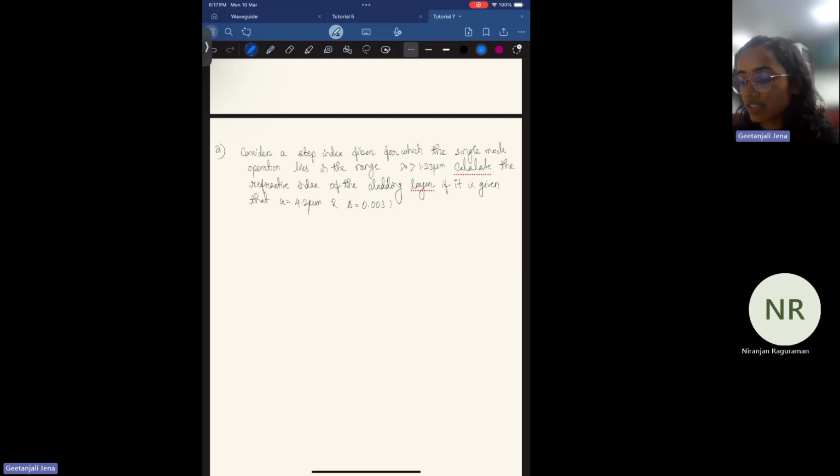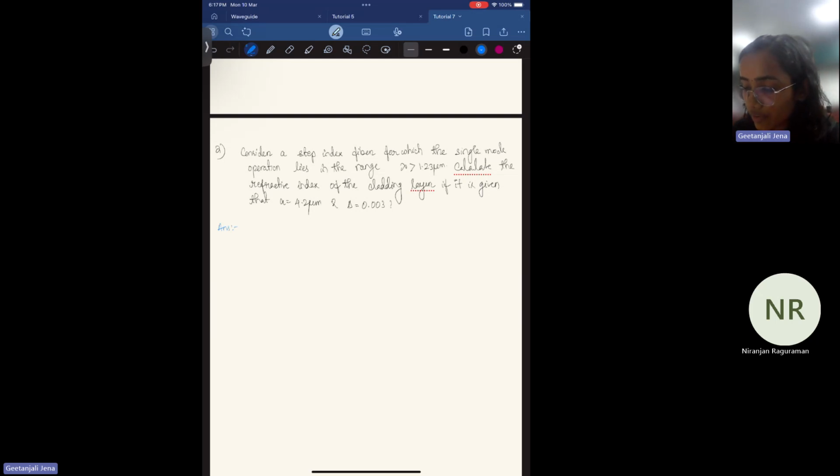Calculate the refractive index of the cladding layer if it is given that A is 4.2 micrometer and delta, the refractive index difference, is 0.003. So this is also a simple question. If you know the condition, you can easily find out the refractive index.